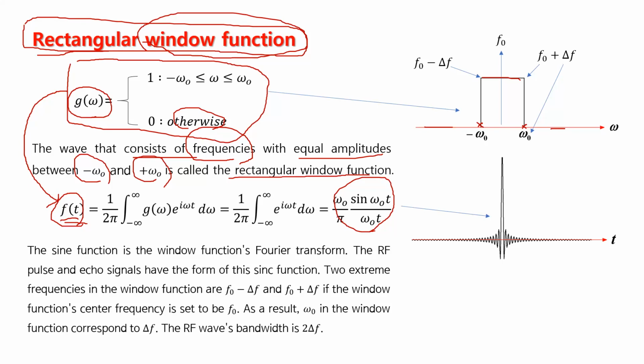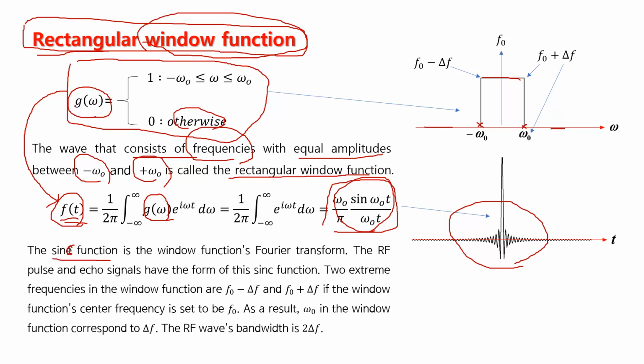If we put this G(omega) here, we can get this function. This is called the sinc function. So this is the shape of the sinc function.